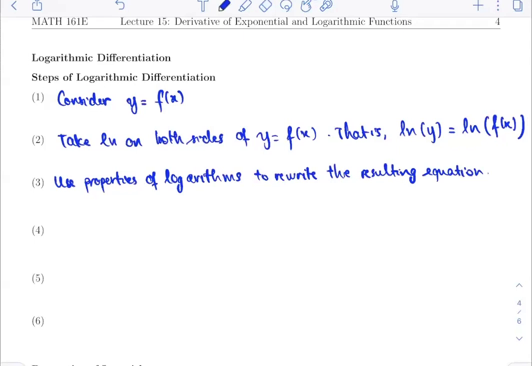You will see that most of the time, we just use the power property of logarithms, but that's for later. In the fourth step, you differentiate both sides of the equation with respect to x.